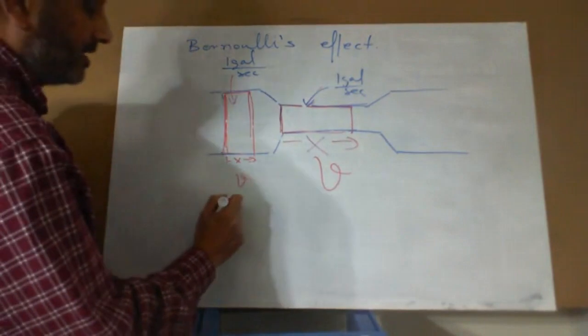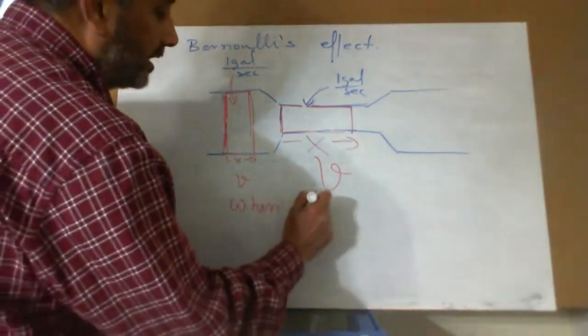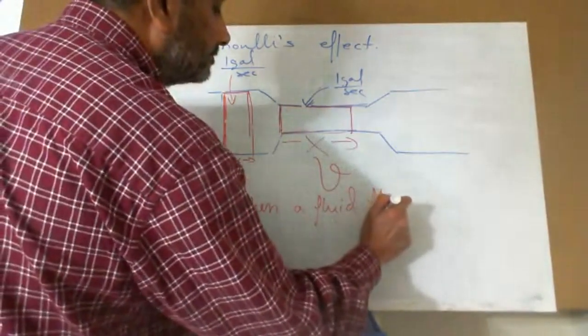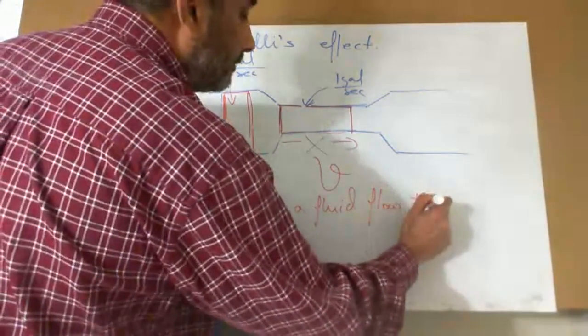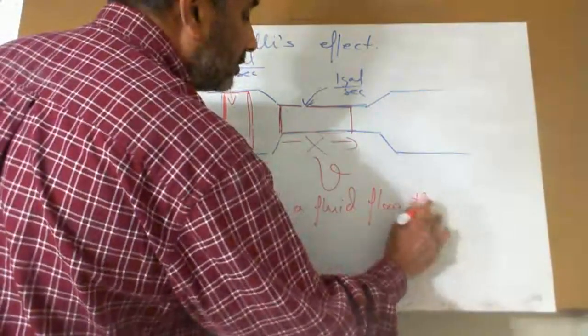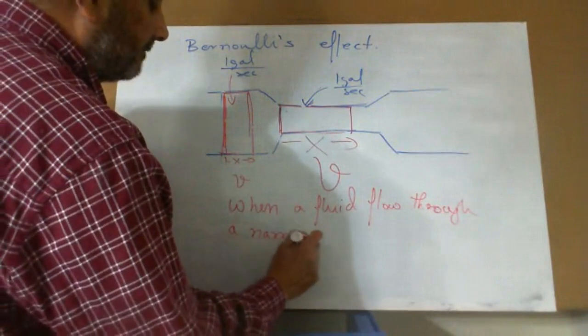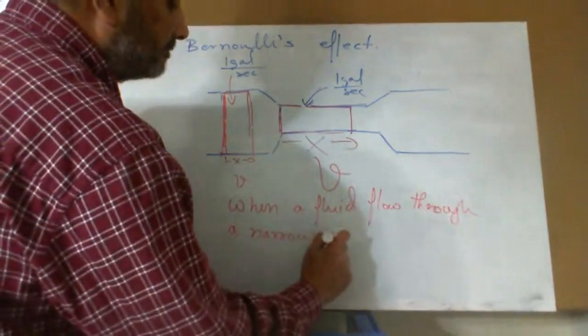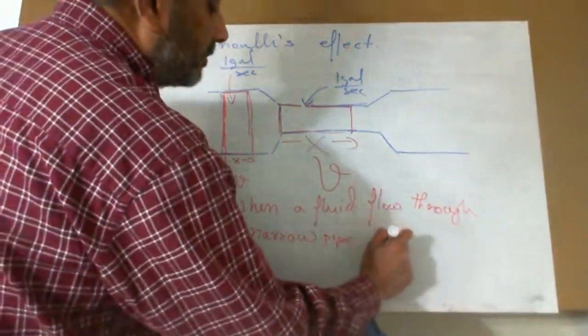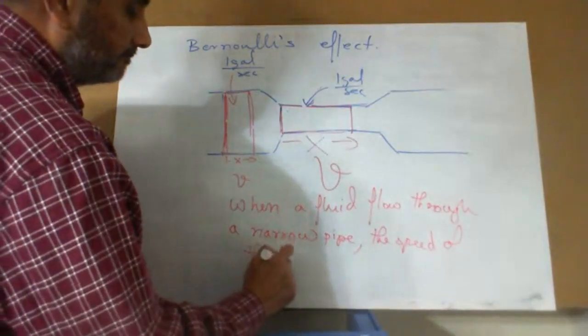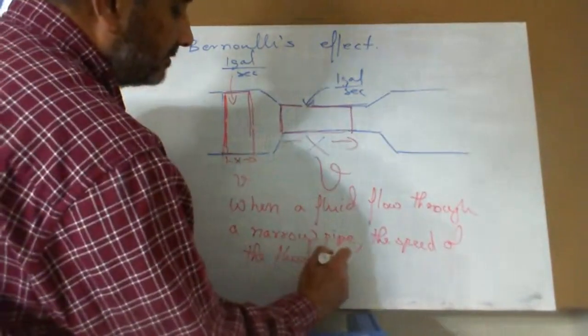So whenever a fluid flows through a narrow pipe, the speed of the fluid increases.